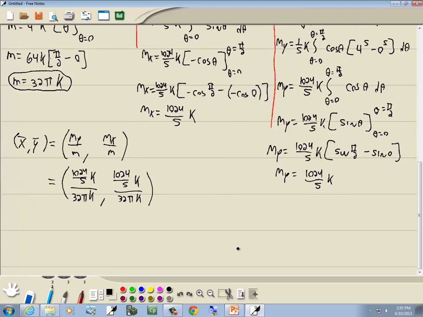Well, k is going to cancel, and this 5 I can put down in the denominator, so we're going to have 1024 over 32 times 5, which is 160 pi. And this one will be the same. So 1024 over 160 pi, and I'm going to use my calculator to simplify this real fast.